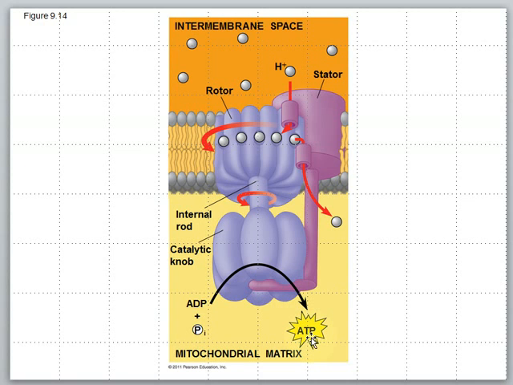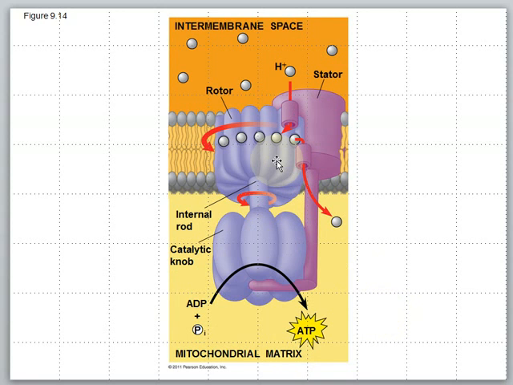That creates, ta-da, ATP, adenine triphosphate. So this machine, almost like a cellular machine, is powered by H plus ions flowing through it. And that machinery combines a phosphorus group with ADP to create an ATP molecule.